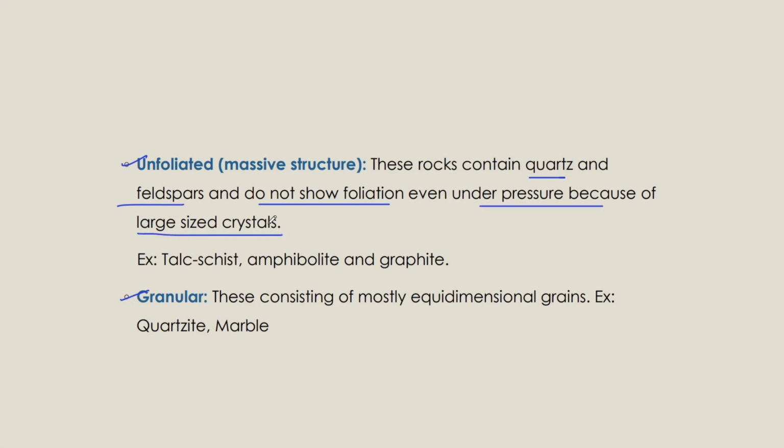That's why the bracket says massive structure. Examples are talc schist, graphite and amphibolite also. And the granular type of metamorphic rocks consist mostly of equidimensional grains.